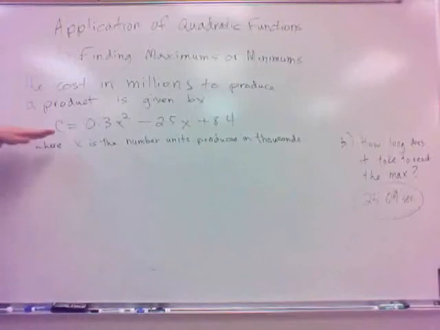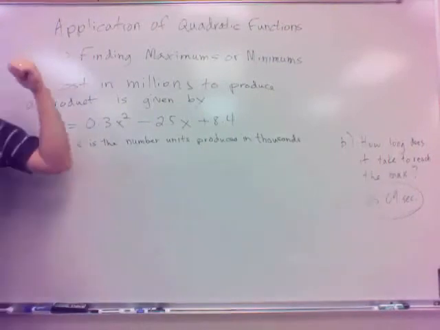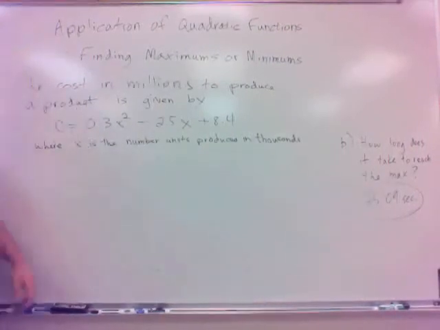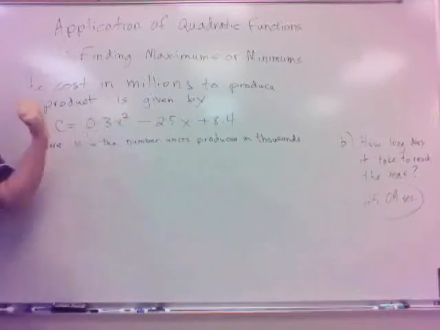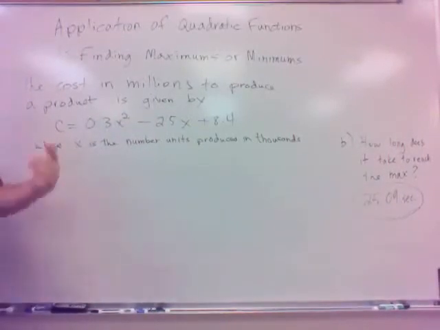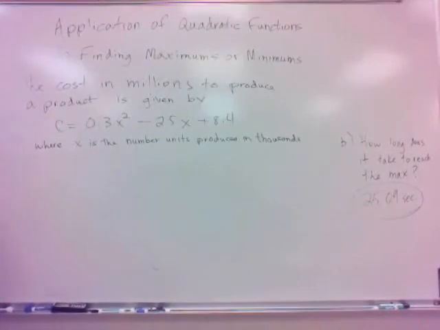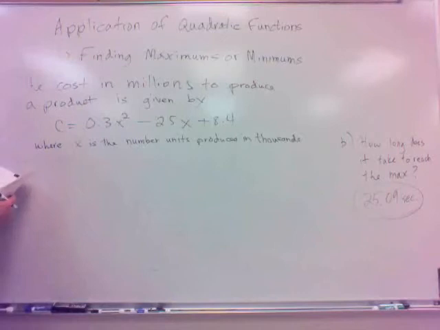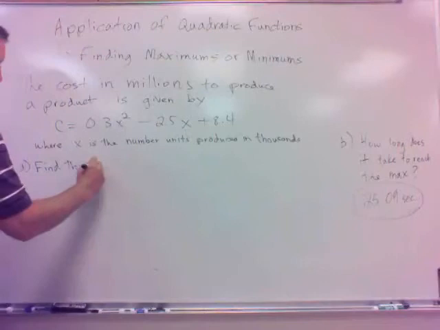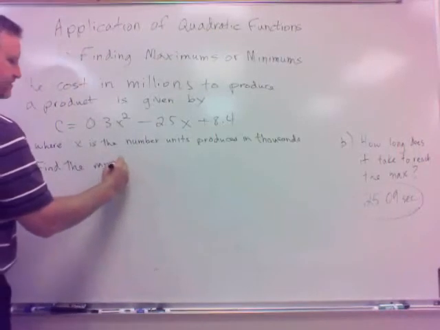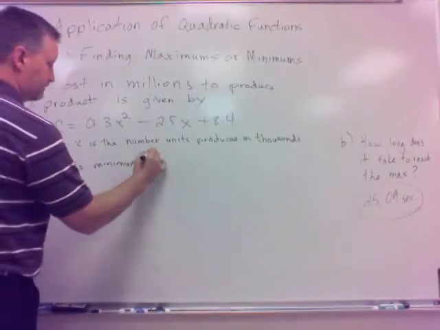So with this function, if we were going to produce 3,000 units, we'd plug in x to be 3, and that would give us the projected cost to produce that in millions. But that's not what we want here. For part A, we want to find the minimum cost to produce this product.